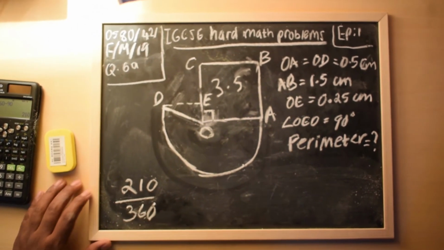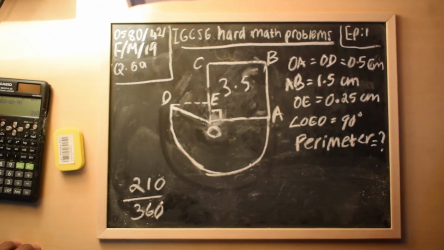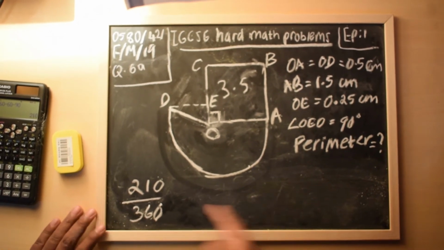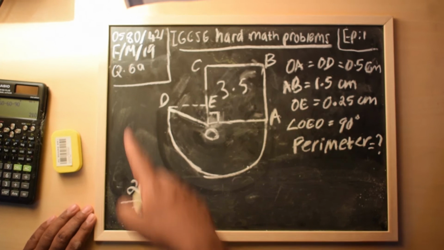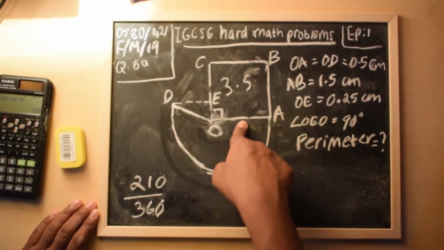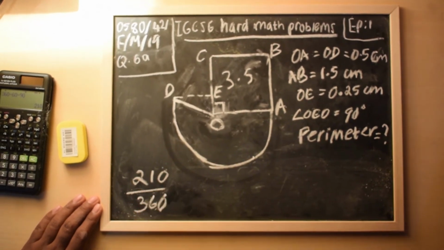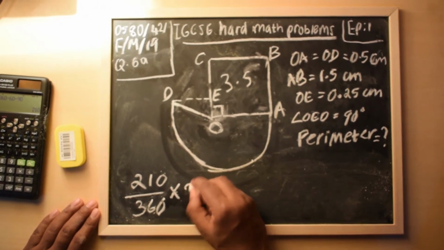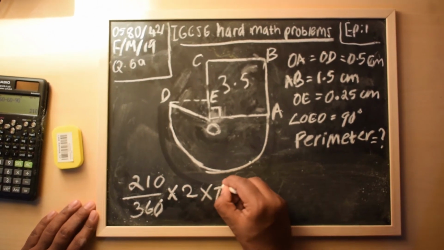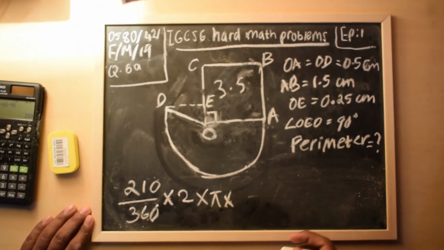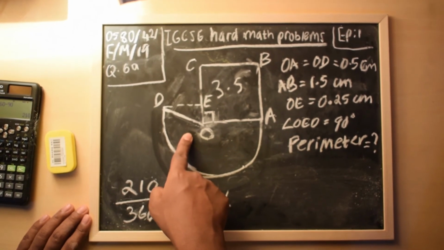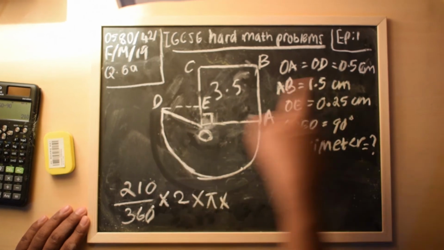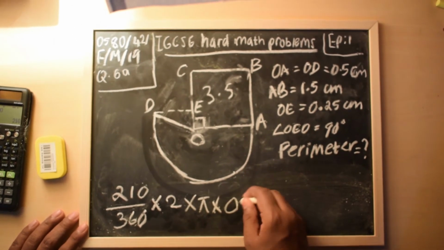You are not going to use 2 pi r, or also known as pi d, which is the formula for the whole circle. So this is just part of the circle, so you're going to use 210 over 360, then times 2 times pi times the radius. So we know that the radius is OD. So OD is 0.5 centimeters.